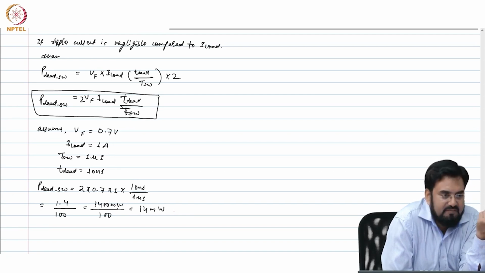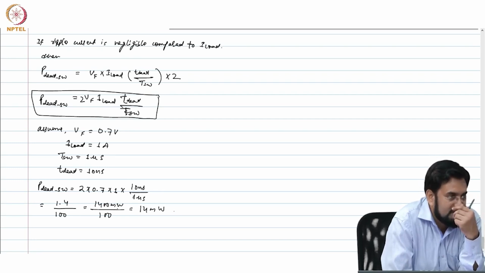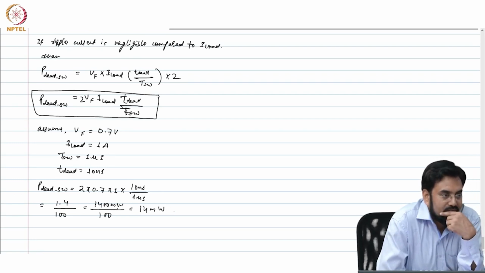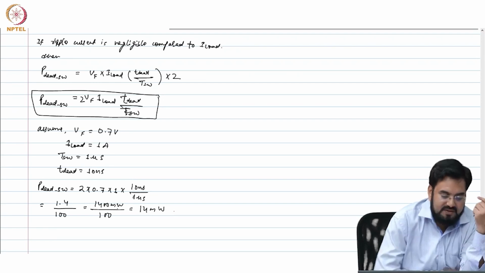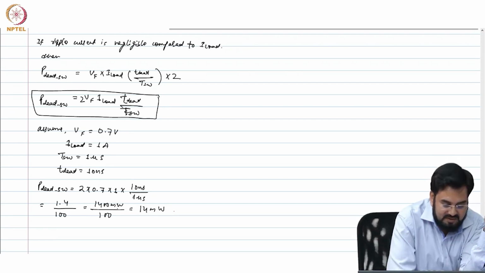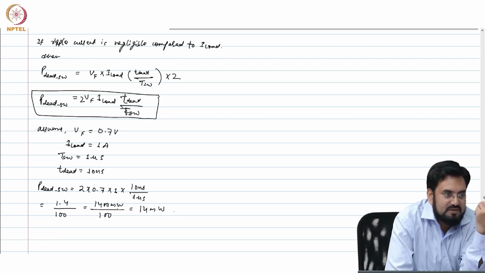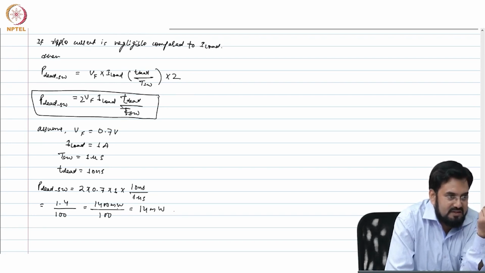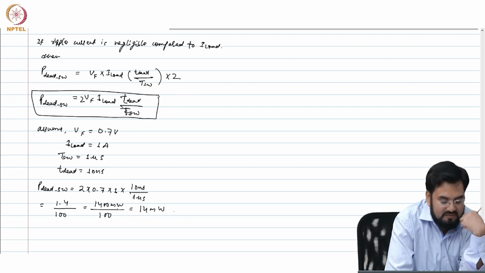So at 1 amp, if you are delivering, let's say, 1 watt power, how much efficiency loss will you get? 10 milliwatt is 1%, so 1.4%. So 1.4% is not small actually. Okay, when you are competing with different competitors, you try to extract even less than 1% efficiency.